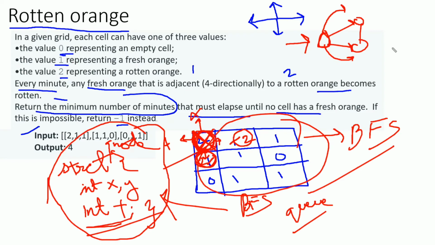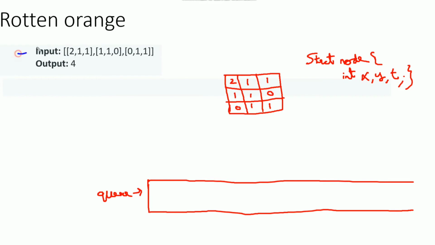Let's start. Suppose this is the input. I've represented this input as a 2D grid, and we need to return the time required to convert all the fresh oranges to rotten oranges, and if it is not possible then we need to return -1. First of all, I've created my own data type, struct node, and inside this the information that we need is the location, x comma y, and the time.